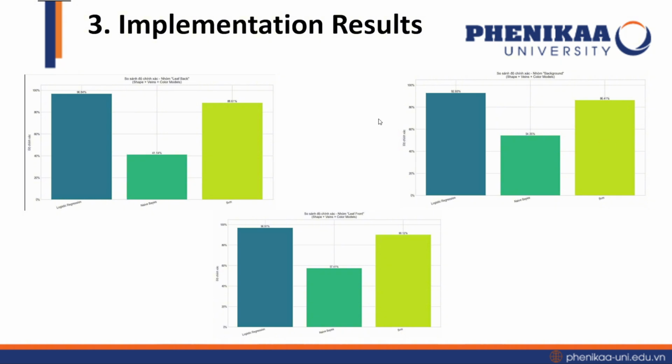Naive Bayes consistently produced low results from 41.14% to 57.41%, revealing its limitation in handling complex features. This model is unsuitable for the problem across all three data groups.